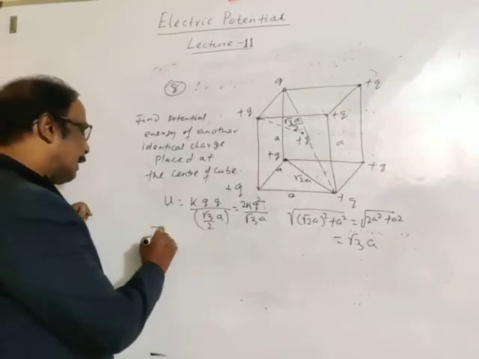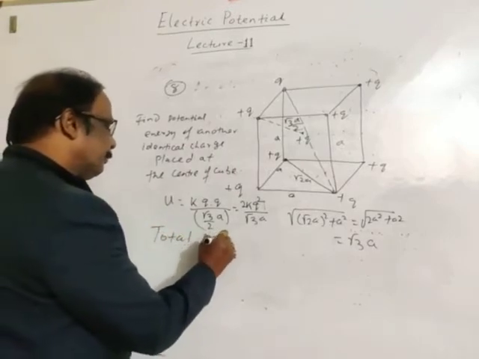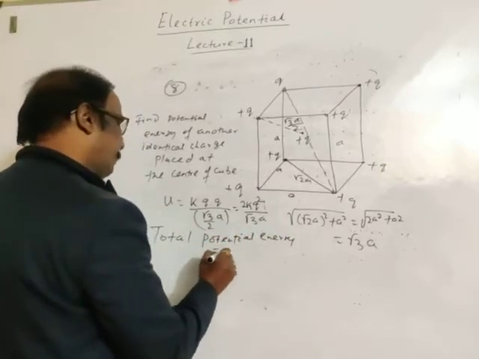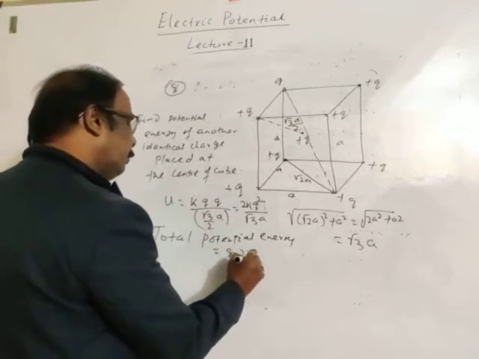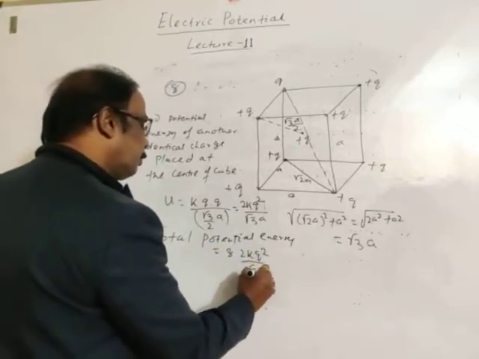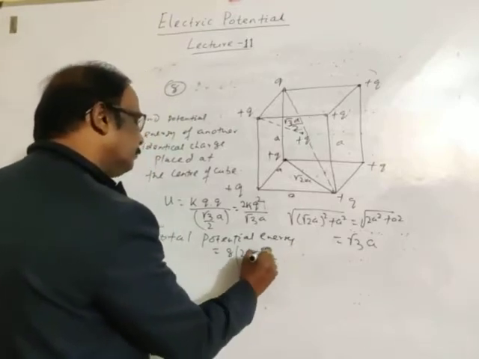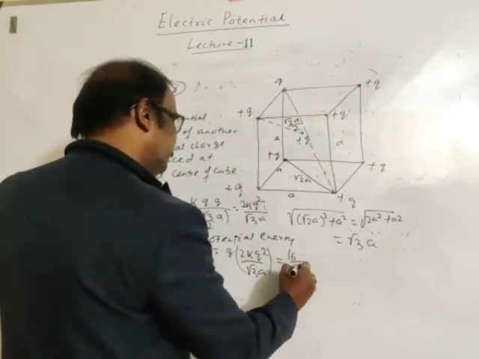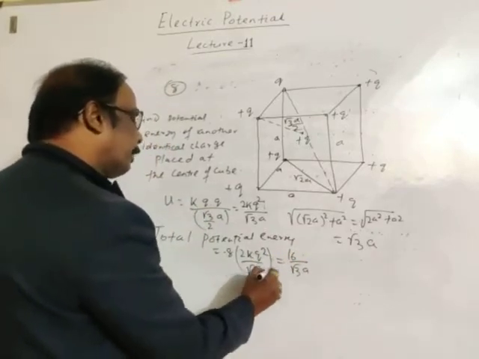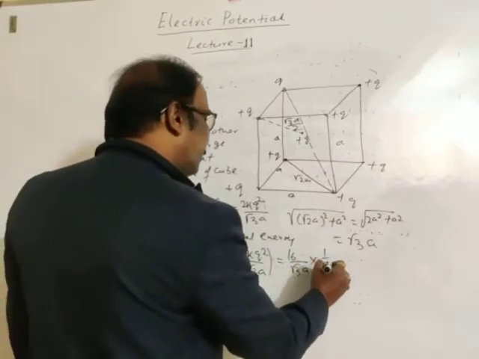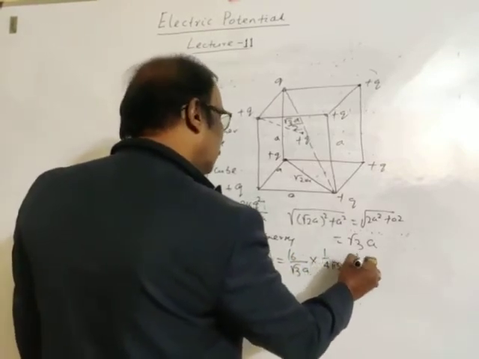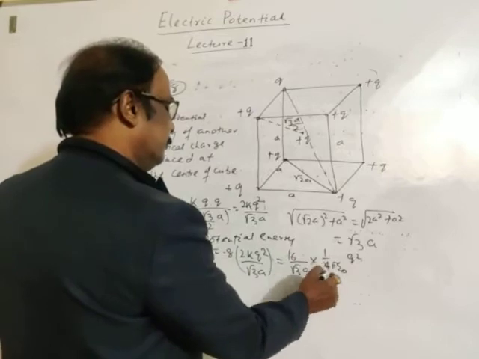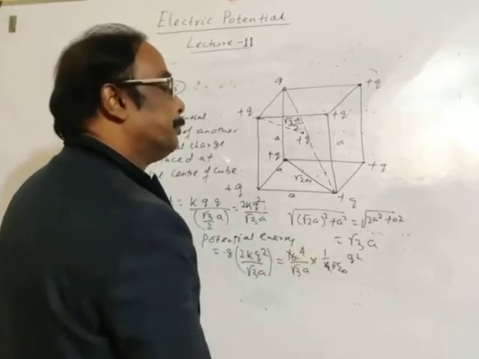So total potential energy is equal to 8 into 2KQ square by root 3A. Now you go on solving. 8 into 2 is 16, 16 divided by root 3A into K. K means 1 divided by 4 pi epsilon naught into Q square. Okay. Then 4, 16, this is 4.